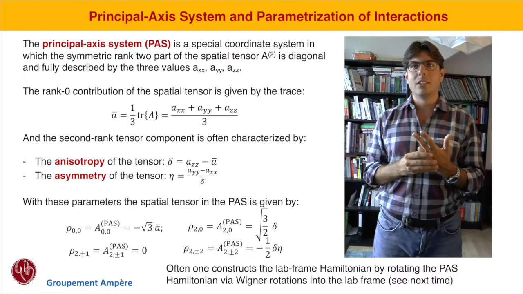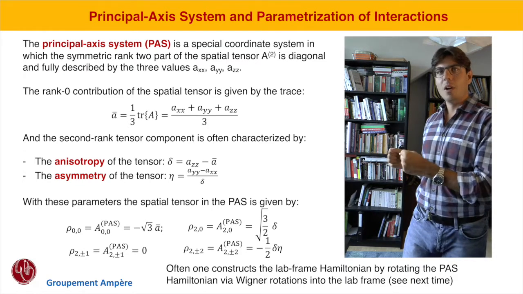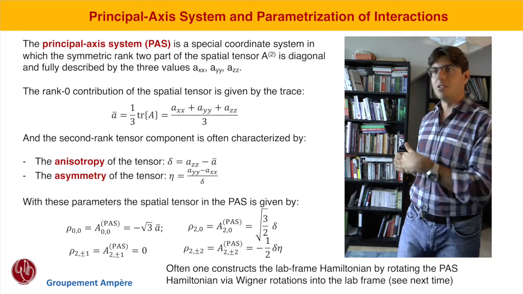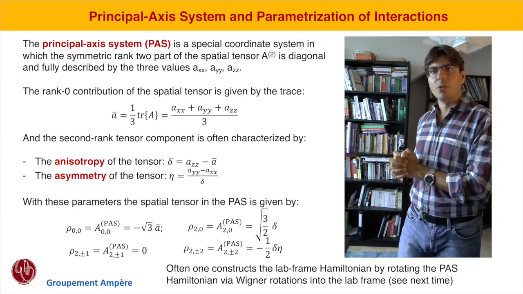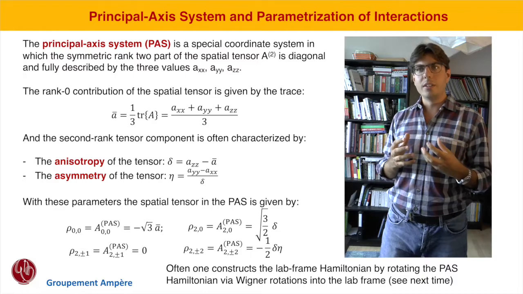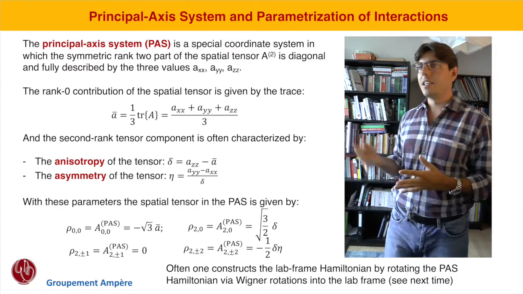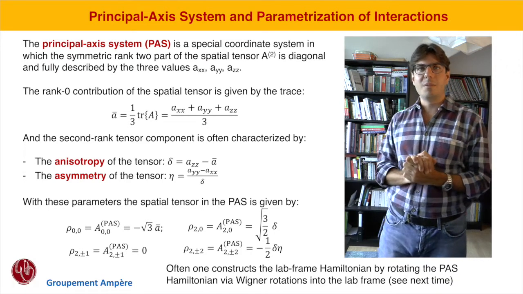that we use for characterizing our interaction. And you see, for example, the A00 component of our spatial tensor is just the trace times minus square root of 3. Then you have the rank 2, A2 plus minus 1 component of our spatial tensor that is always equal to 0 in the principal axis system.